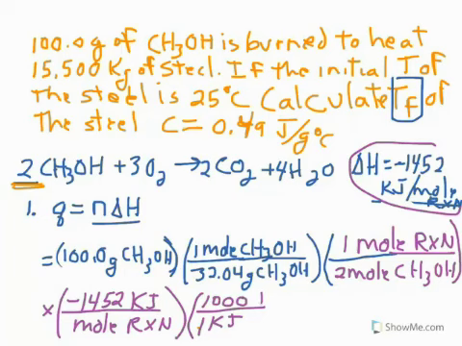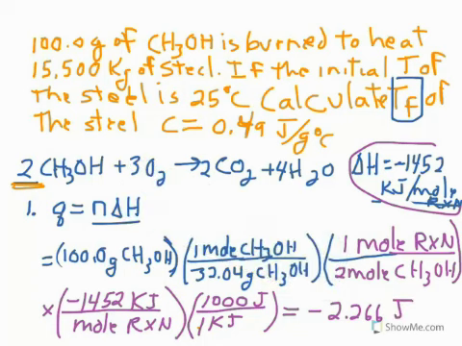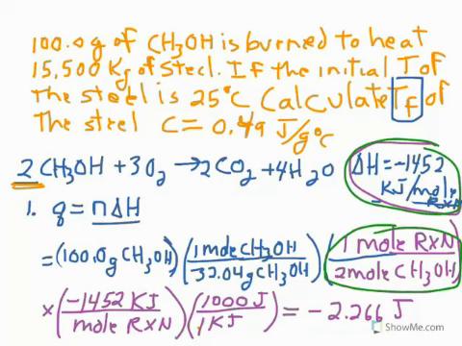And that gives me an answer of, if I did it right, negative 2.266 joules for this reaction. So that's the first step. That's a big, complicated problem, but really it's everything you've done. The only difference is this concept of 1 mole of reaction being equal to 2 moles of methanol.